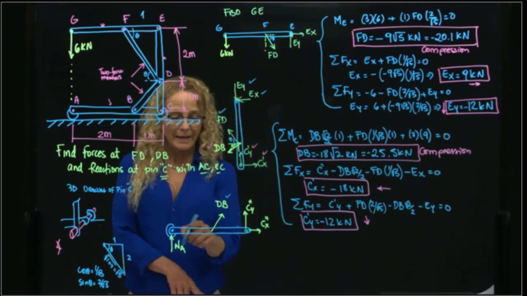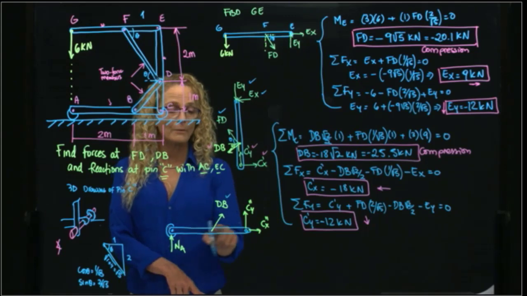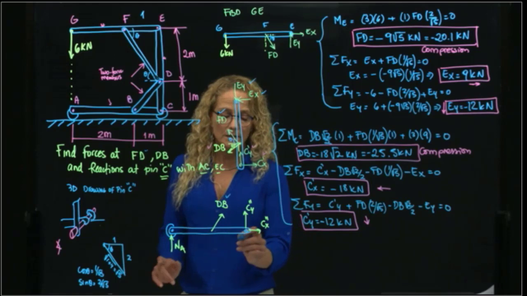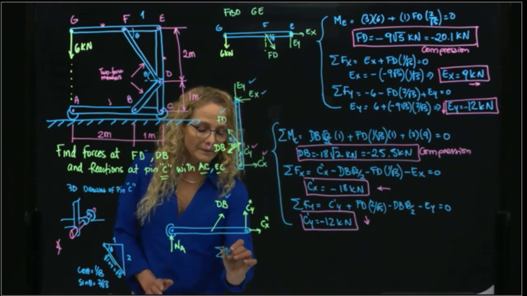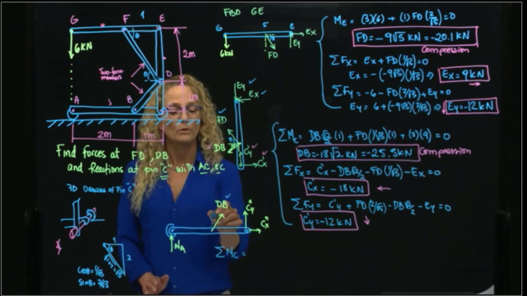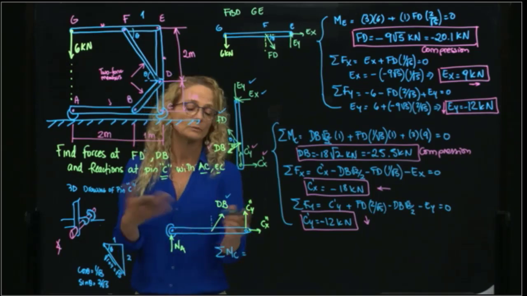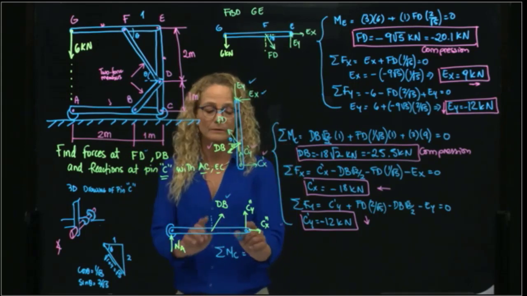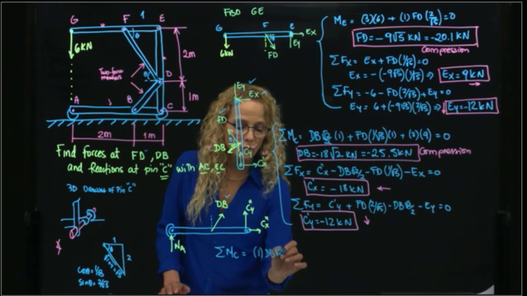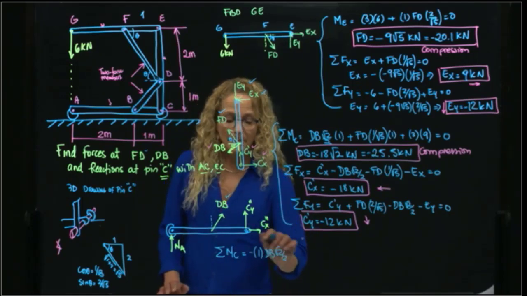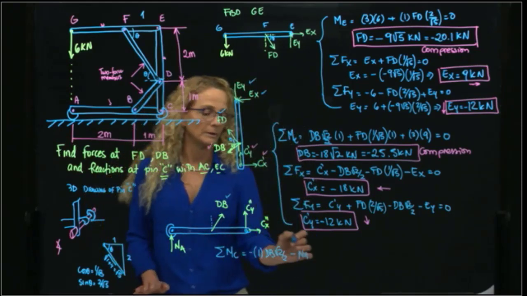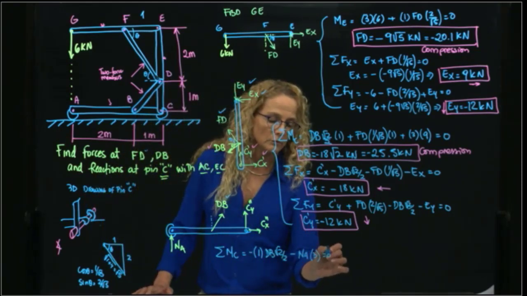So I will take moment at C to find NA, and then I will add forces and so on. So let me take moment at C, and I have the Y component, and I have this angle right here, which is 45. And this is 1. So it's 1 times dB square root of 2 over 2, minus NA, and the distance is 3, equals 0.